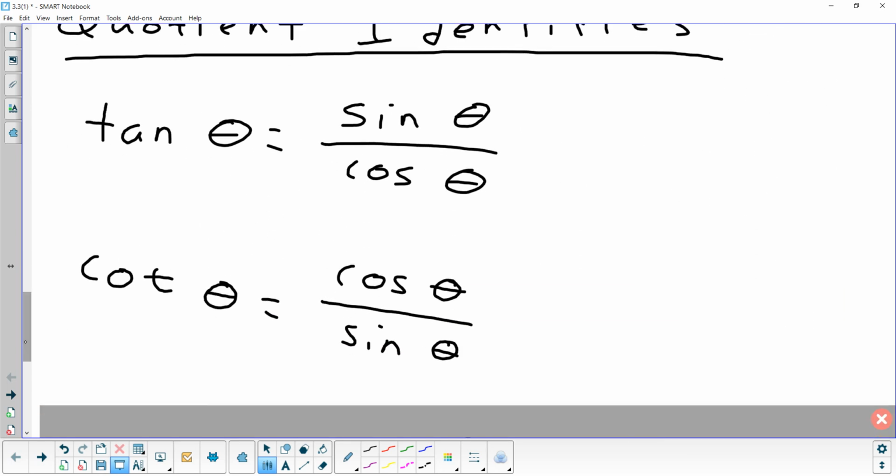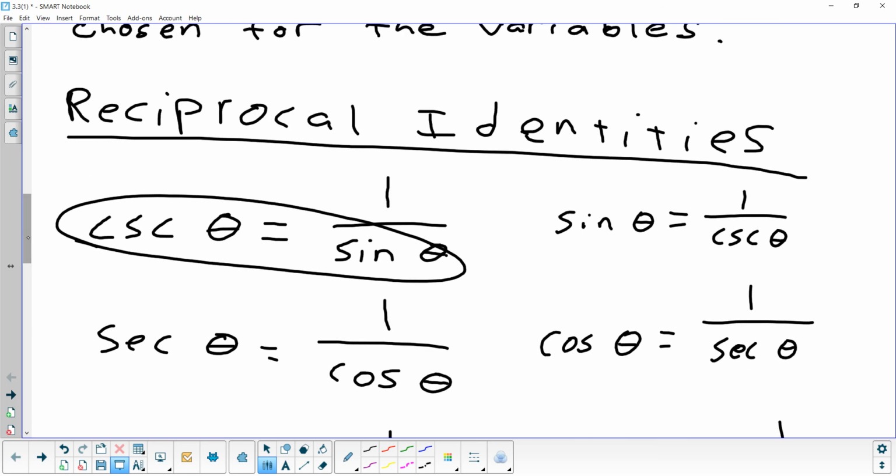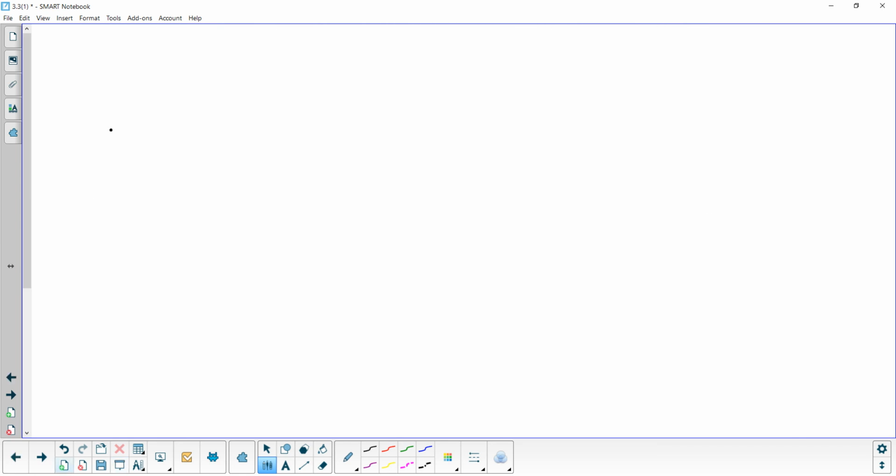All right, so let's take a look at one of these reciprocal identities. Let's take a look at sine equals 1 over cosecant. Let me copy that in. Let's look at this.